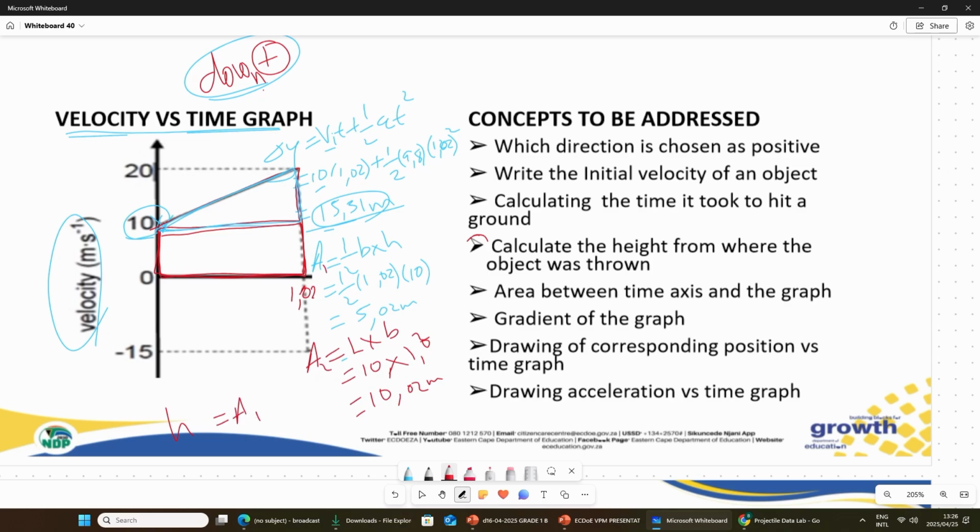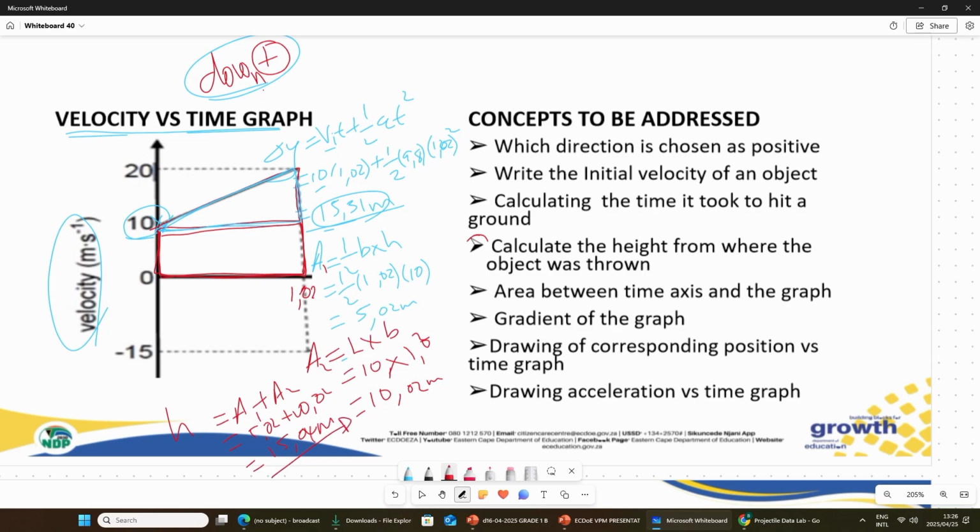So it's going to be area 1 plus area 2, that is 5,02 plus 10,02. This gives us 15,04 meters.